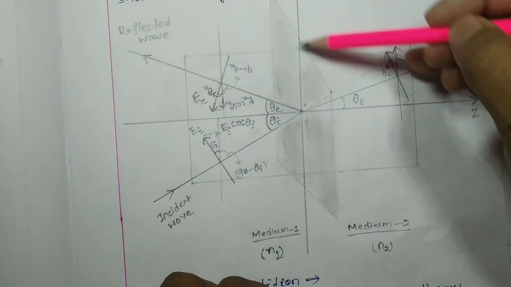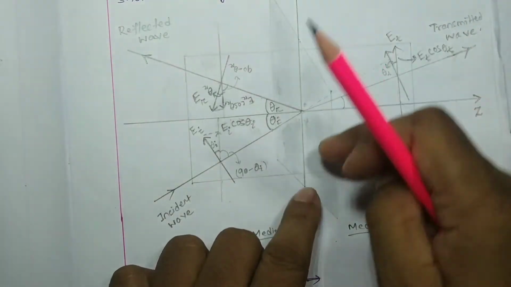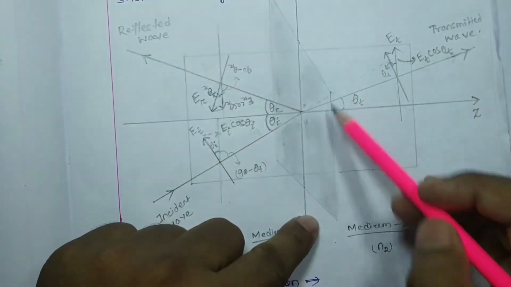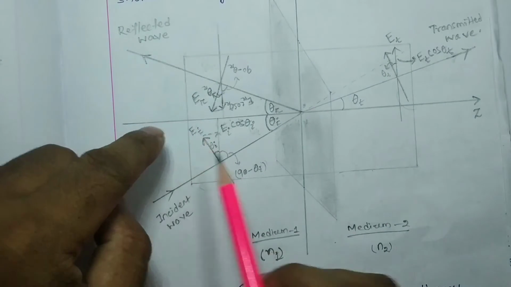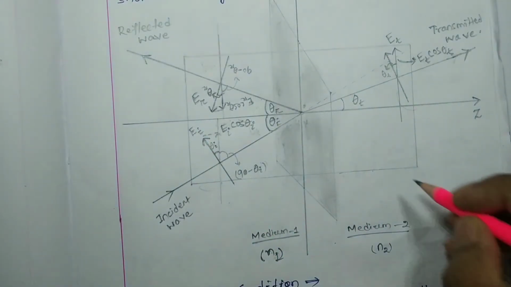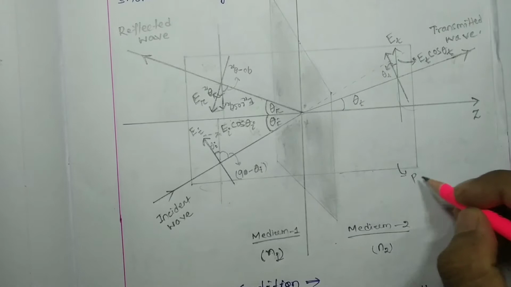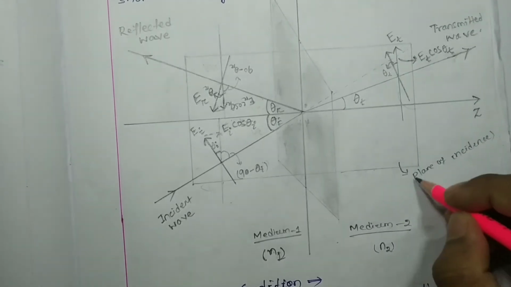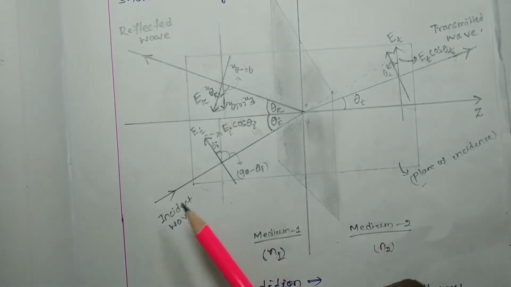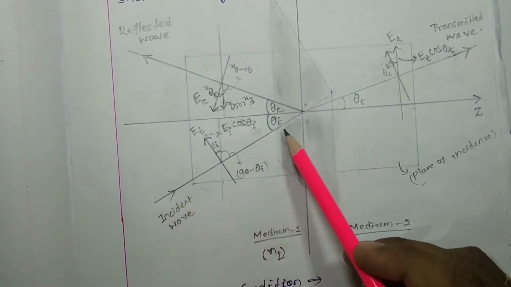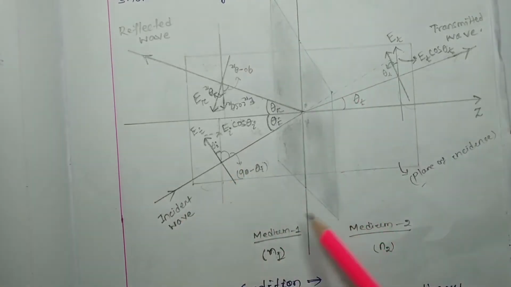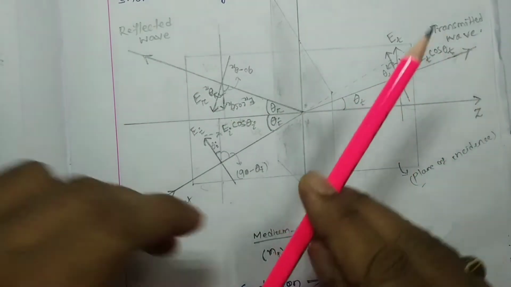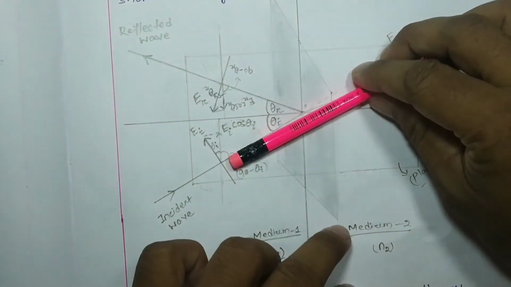And this shaded one is your interface, and this rectangle, which is perpendicular to the interface, is your plane of incidence. The incident wave is incident on the interface, part of it is reflected, part of it is refracted. Here the refracted wave bends towards the normal.